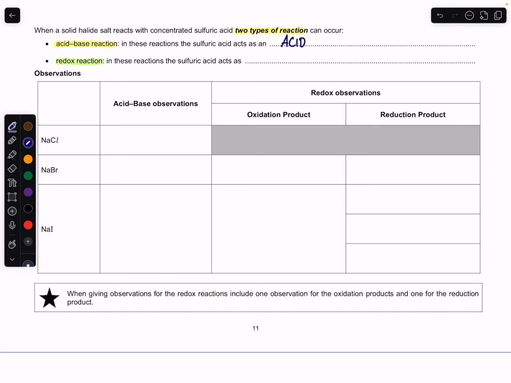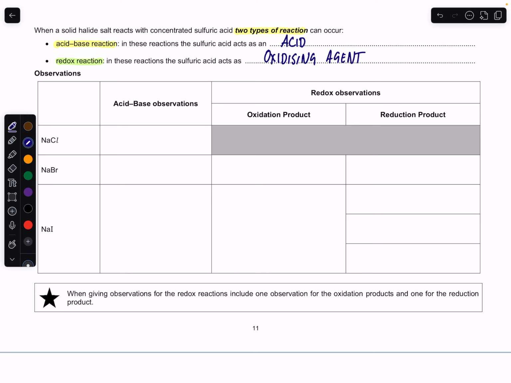And alternatively, we could get a redox reaction happening, and we'll know when that's happened because the sulfur in the sulfuric acid will have changed oxidation number. It will have become less positive or more negative. And in that type of reaction, the sulfuric acid is accepting electrons, so we're going to say that the sulfuric acid is an oxidizing agent.